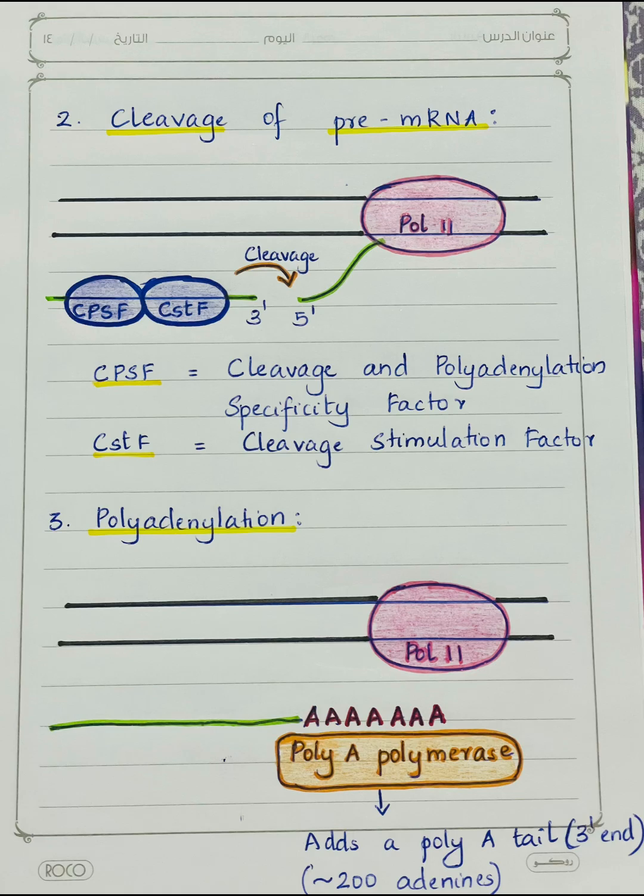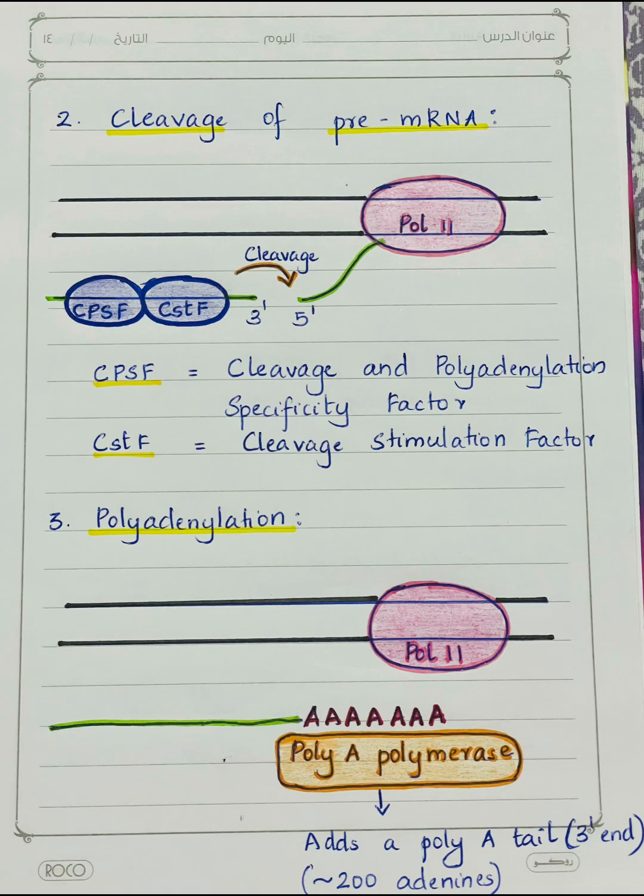A protein complex including CPSF and CSTF binds to the polyadenylation signal. CPSF is cleavage and polyadenylation specificity factor. CSTF is cleavage stimulation factor. This complex binds to the polyadenylation signal and cleaves the nascent RNA strand downstream of the AAUAAA site.